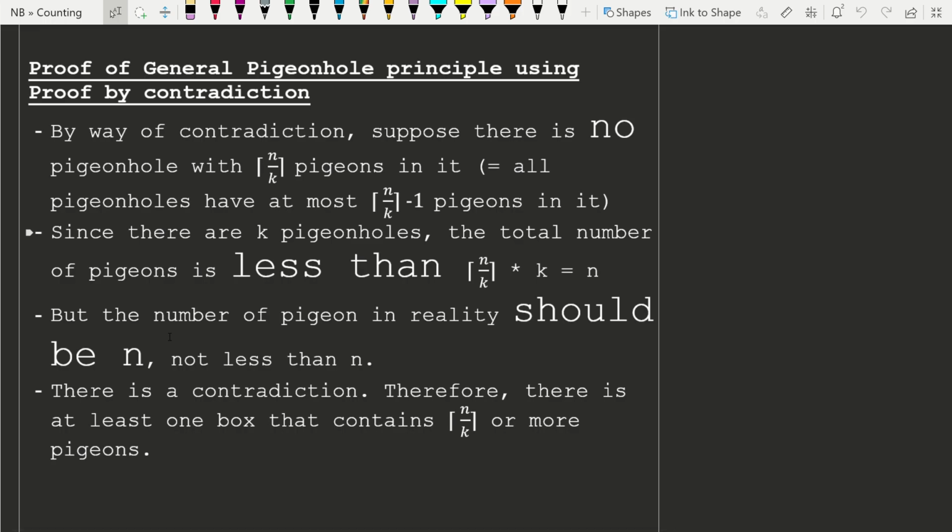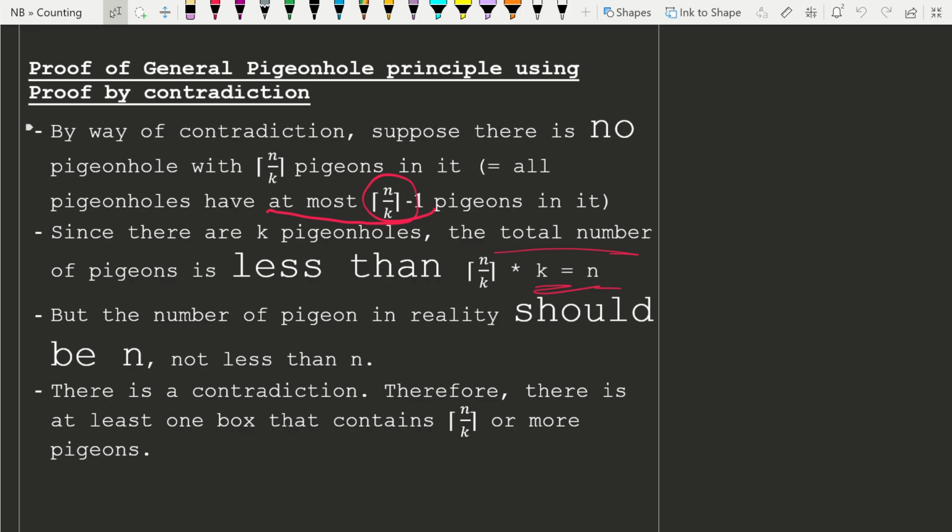So again, by way of contradiction, suppose there is no pigeonhole with n divided by k pigeons in it. So that means all pigeonholes have at most n divided by k minus 1 pigeons in them. Since there are k pigeonholes, the total number of pigeons is less than n divided by k times k, which is n.